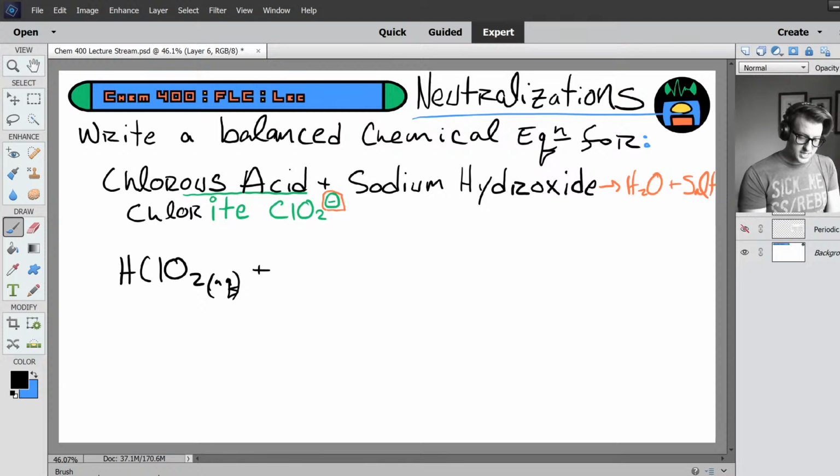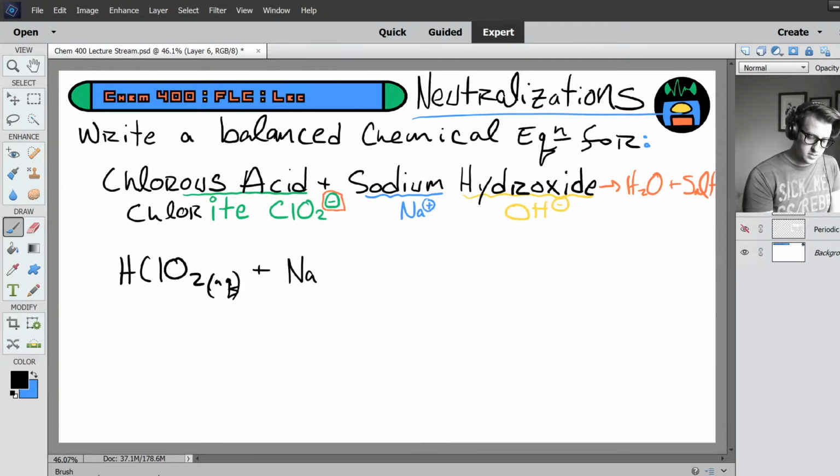Chlorous acid plus sodium hydroxide. Now sodium has a charge of +1, which we can determine from the periodic table. And hydroxide is a polyatomic ion, OH -1. So since our charges here are the same, +1, -1, equal and opposite, I guess I should say, sodium hydroxide will combine in a 1-to-1 ratio.